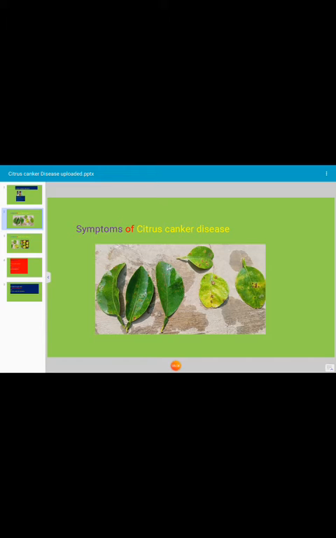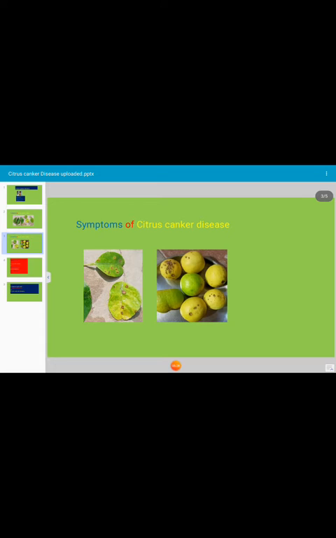The lesions on the twig are usually irregular in shape. The lesions or corky spots on the fruit are similar to those of the leaves but lack the yellow hollow. When this pathogen attacks the fruits, the infection remains up to the skin only.